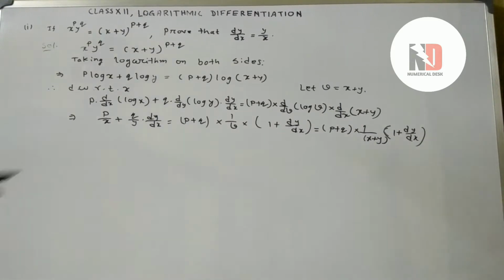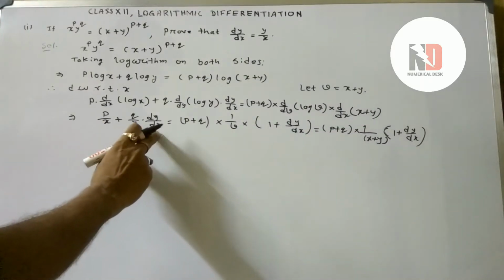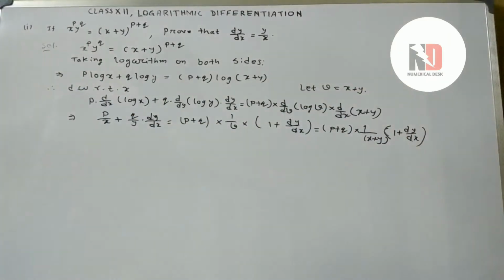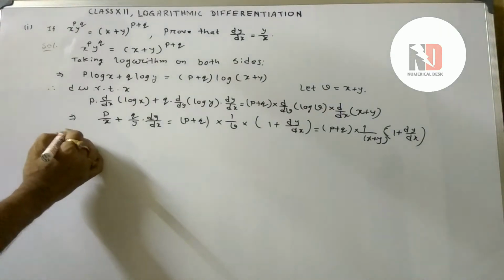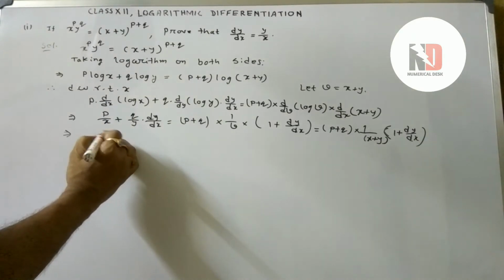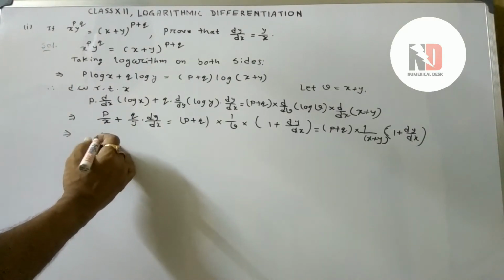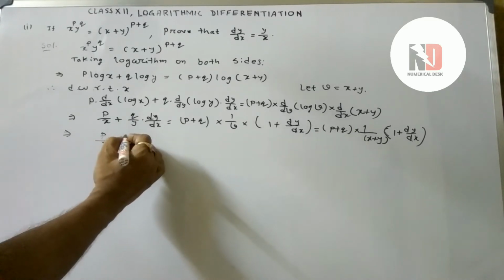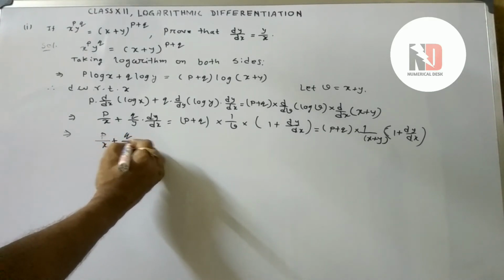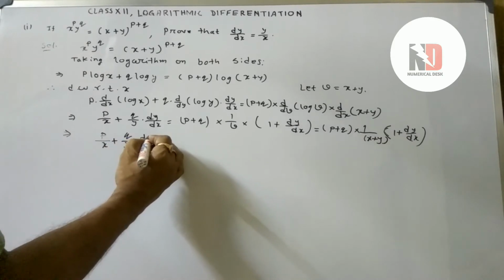These are the general steps where students get confused, not just a few students but all students. Students who are beginners, look at these steps very carefully. So this is p by x plus q by y dy by dx.